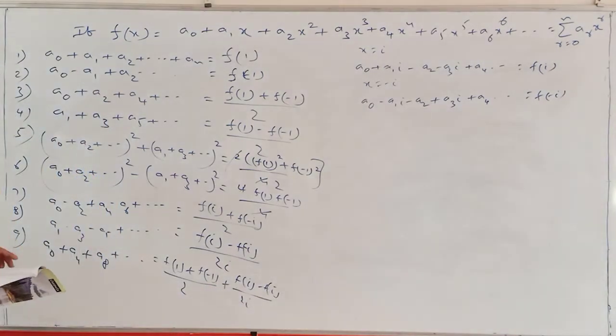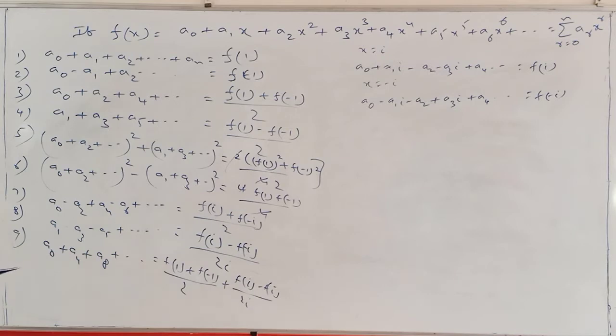And similarly, by using the fourth one and eighth one, we get one more result. So by adding, 2a1 plus, a3 cancels, a5 cancels and so on. So by using third one and seventh one, fourth one and eighth one, we get 4 results.